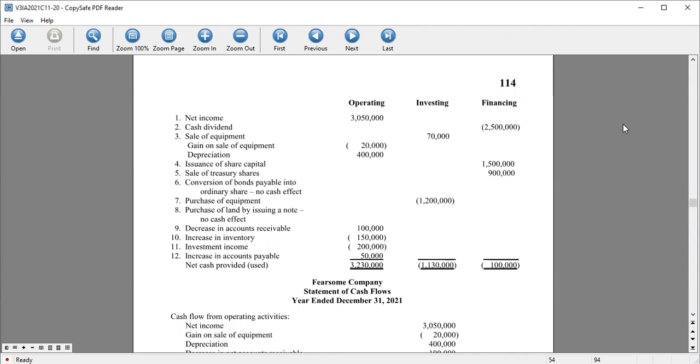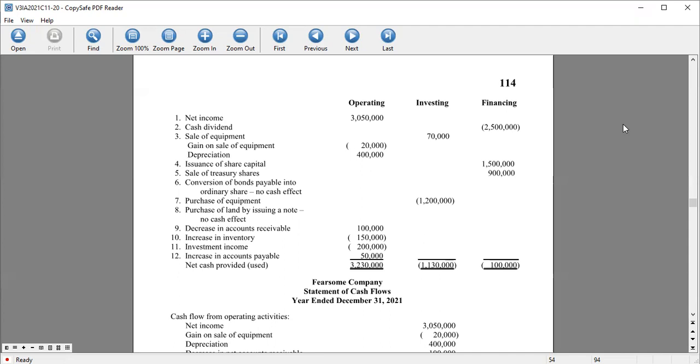Actually, investing activities relate to non-current assets, while financing relates to share capital and long-term debts or non-trade debts. This time, purchase of equipment reduces investing while sale increases investing.